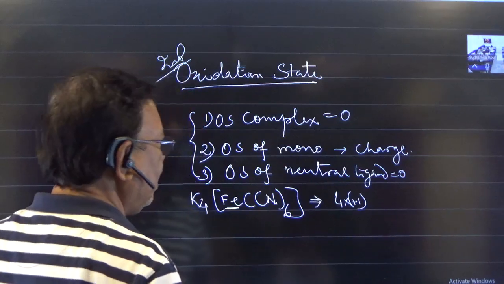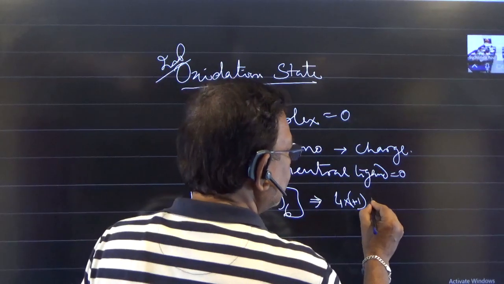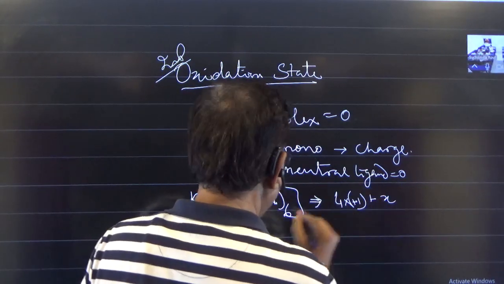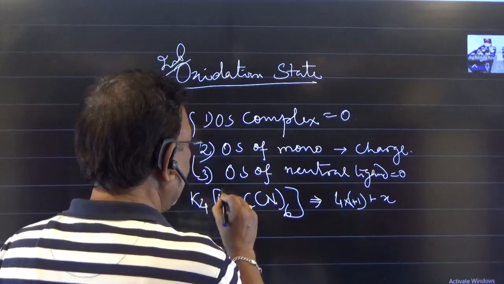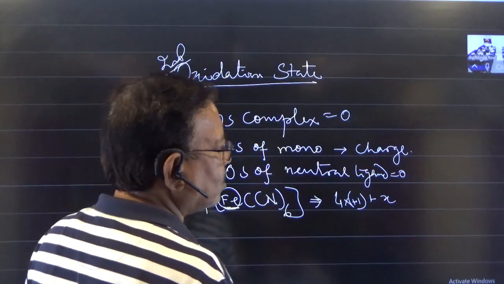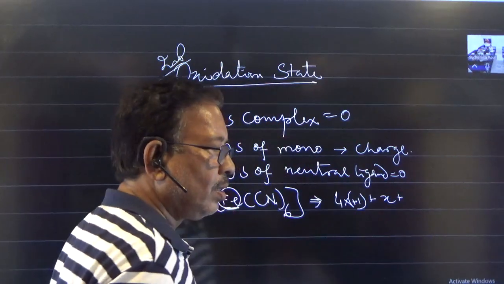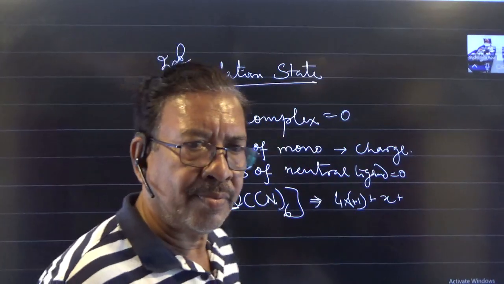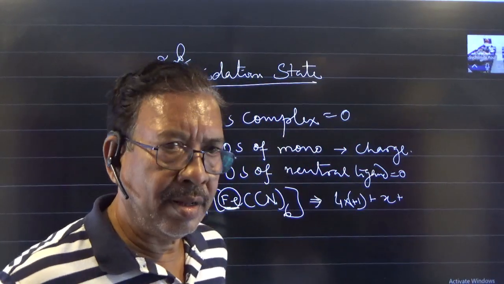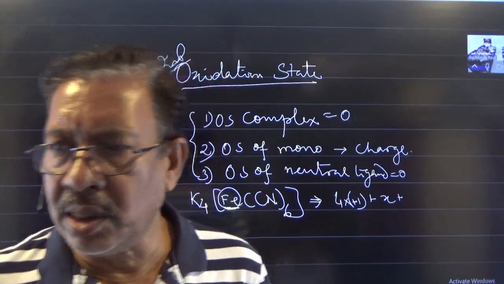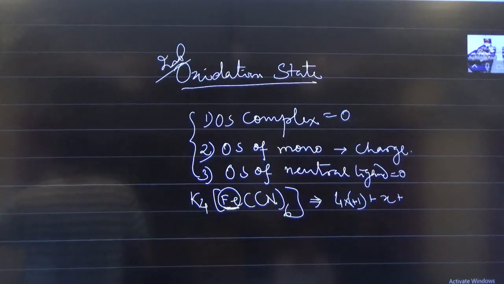4 into +1 plus x. So you take the oxidation number of iron as x, plus 6 into the oxidation number of CN minus.